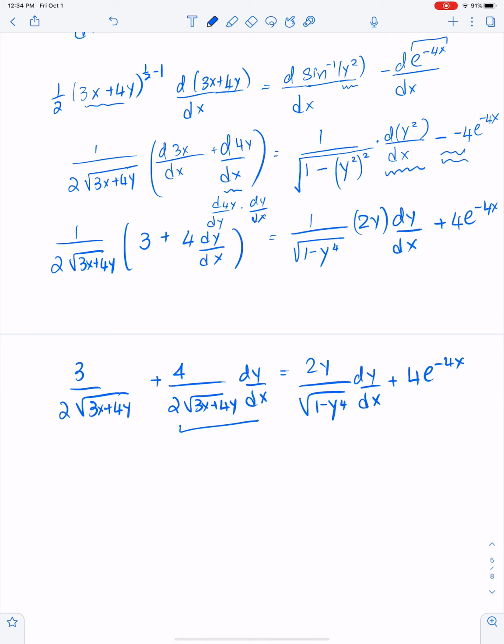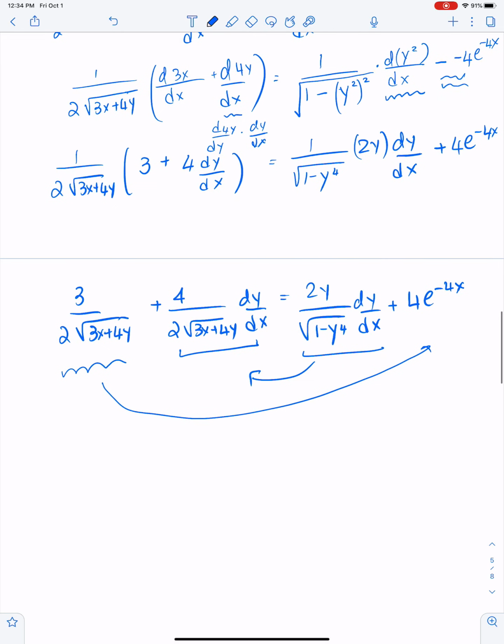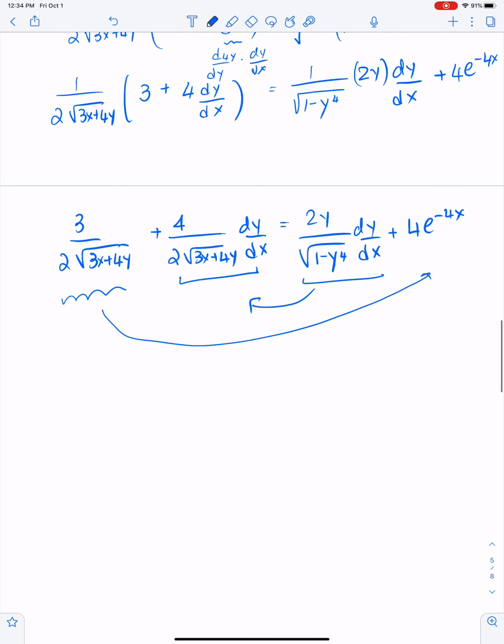So these two have a dy/dx. Bring this over here. That is over there. We'll bring that to that side. So we have dy/dx, and I'm bringing this over here, putting a minus. Let's also cancel this and write that as a 2.